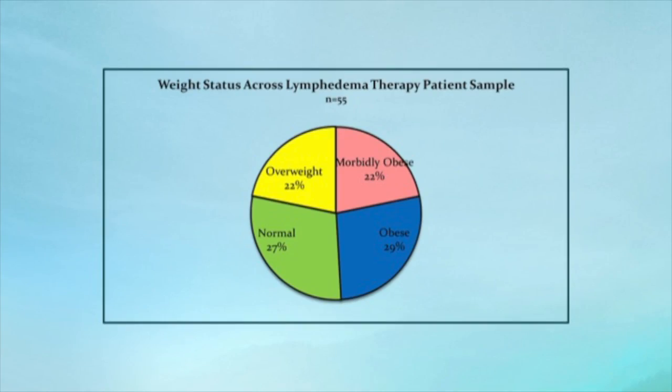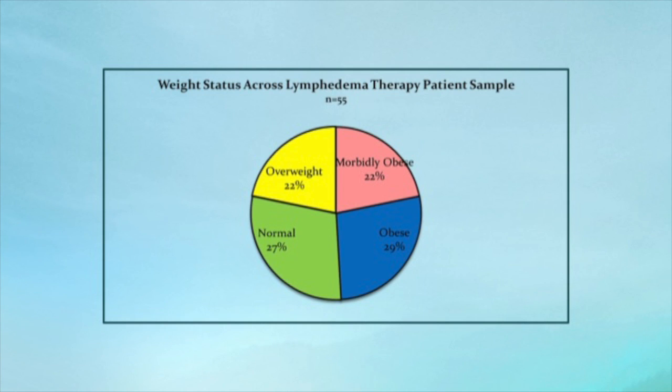So this is what I did in my own clinic. I have a private practice in lymphedema, and I kind of had the sense that a lot of my patients were overweight and obese. So I had some fantastic OT students that were helping me. Thank you, OT students. Are you out there? Yes. So they did a 6-month chart review for me. So 6-month period, all my patients, and we looked at a variety of parameters, but one thing I did have to do was what is the BMI of that population.